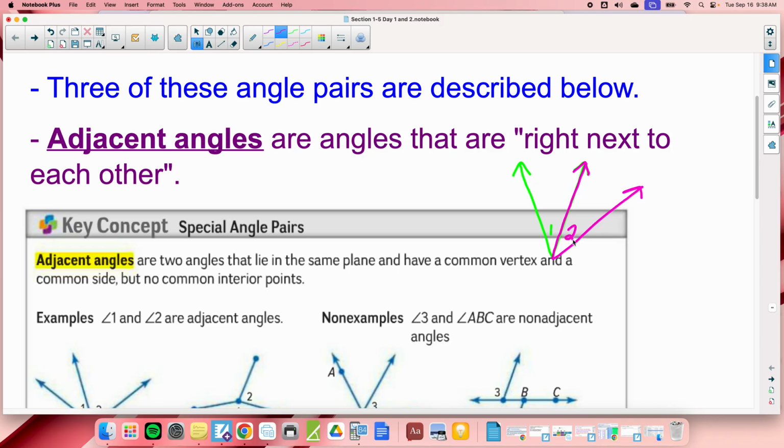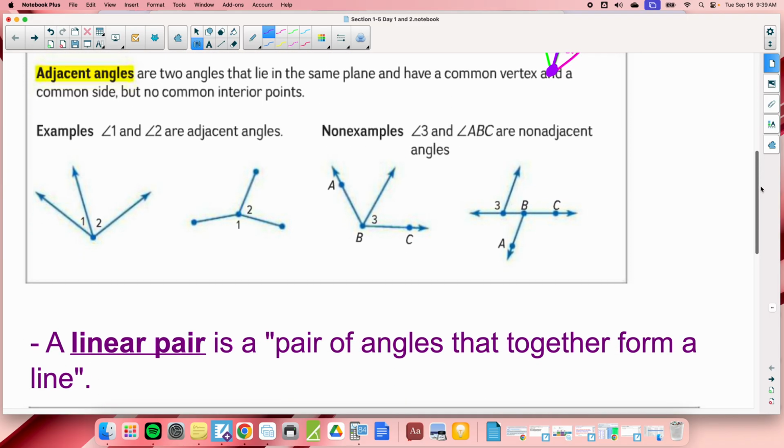So when you have two angles that are right next to each other, and they share a vertex as well as a side, they are called adjacent angles. But again, they have to share a vertex and a side, okay?